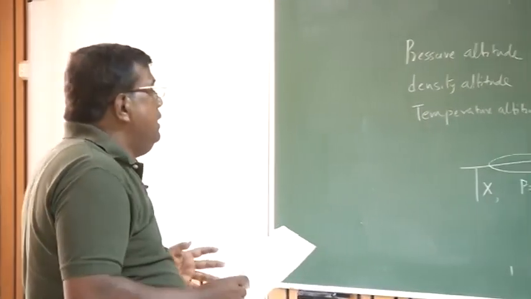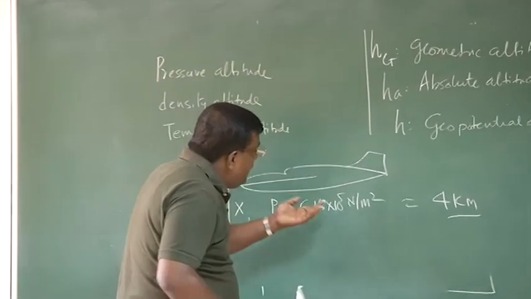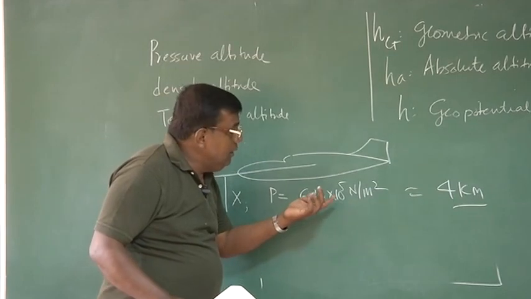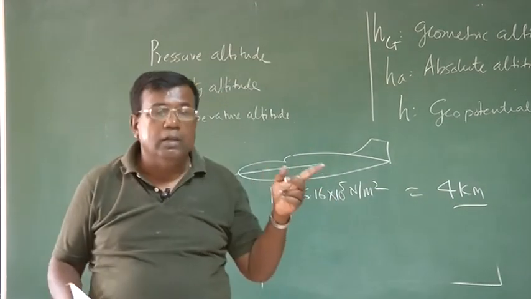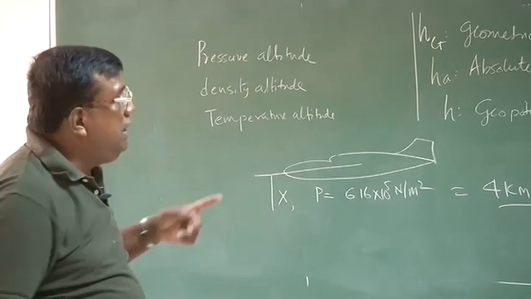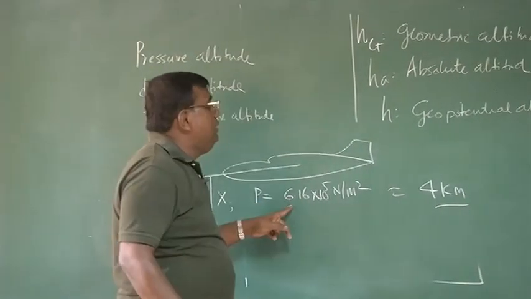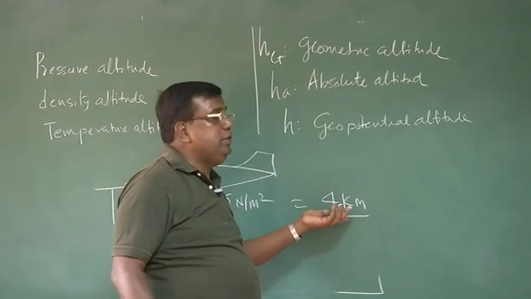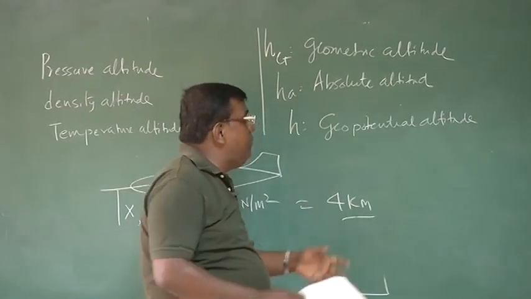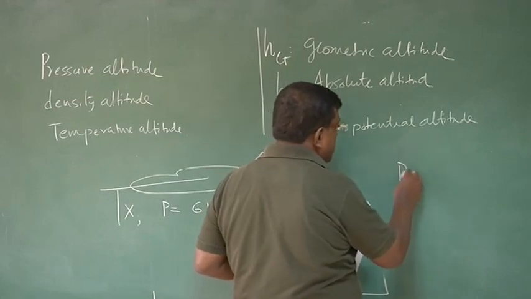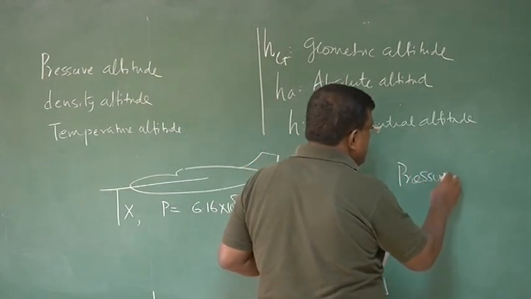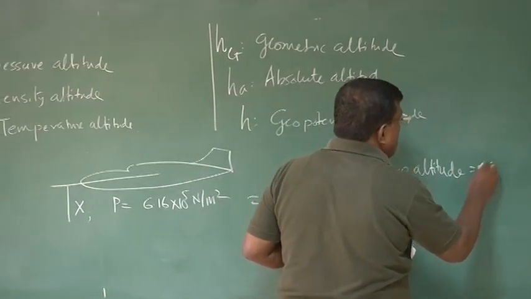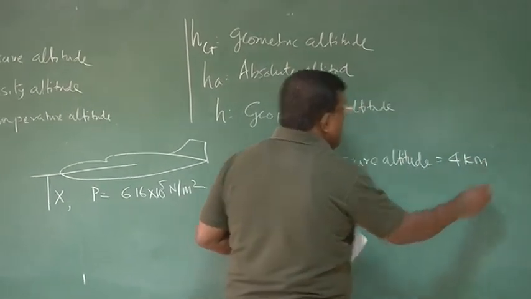This is the pressure sensed by the instrument at an altitude Hg. Now you go back and look at the standard table. What is that altitude which corresponds to this pressure? And that altitude, let's say, is around 4 kilometers if you check. So the pressure altitude is 4 kilometers.